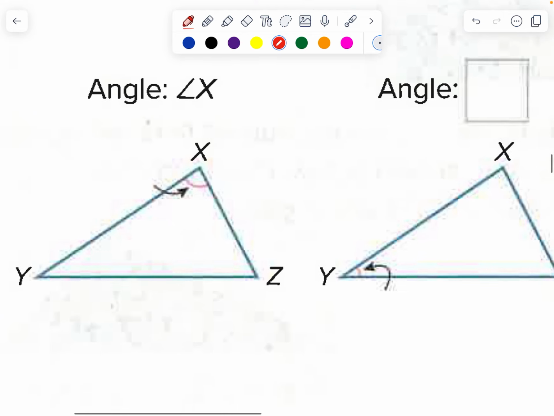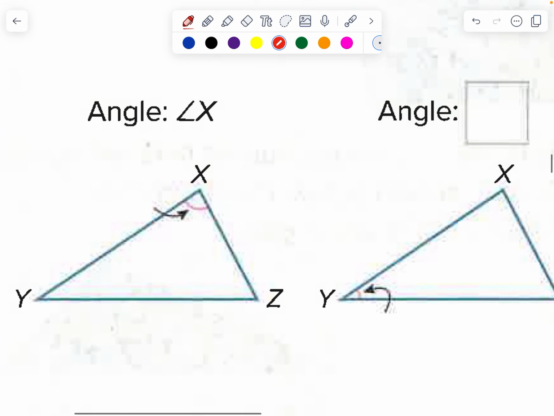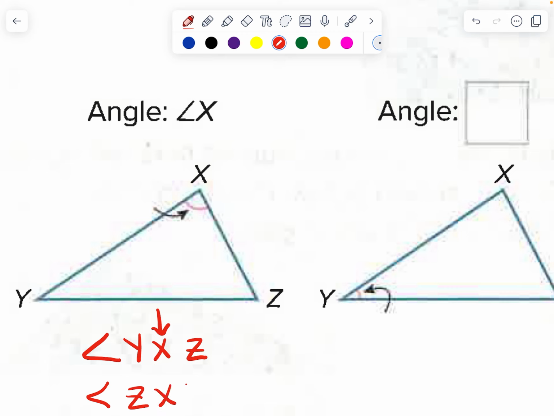You can actually name it by using three letters, Y, X, Z, where the vertex is in the middle. Now, could you have also done Z, X, Y? Yes, as long as the vertex is in the middle.